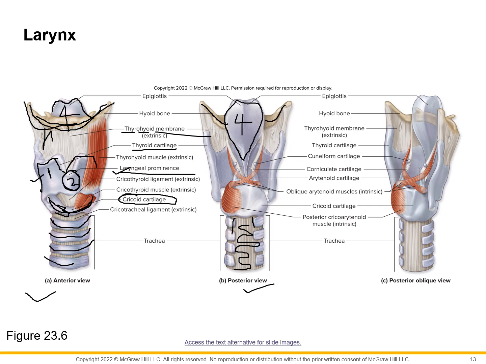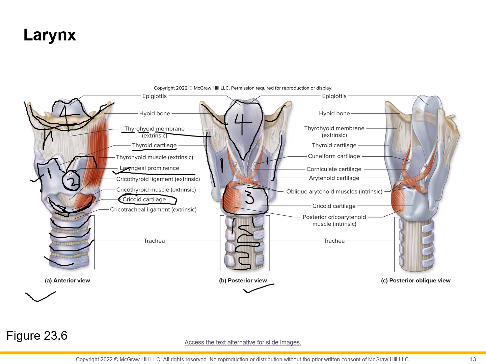Now over here in the back view, you are looking at 2 additional cartilages. So this right here is still your thyroid cartilage. You are seeing this back view of your cricoid cartilage here. So this is still structure number 1, your thyroid cartilage. This is still structure number 3, your cricoid cartilage.